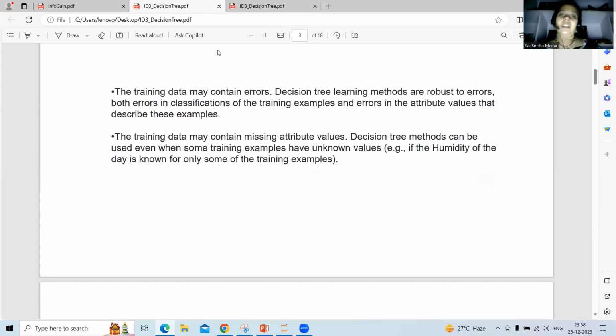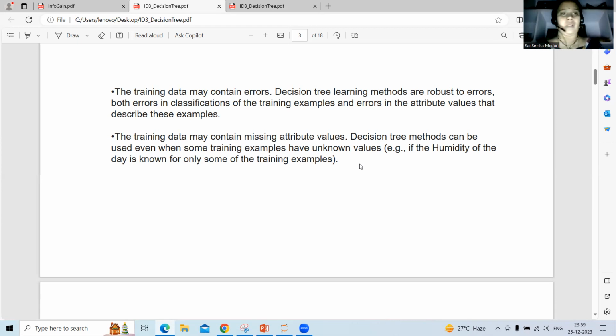And the other one is, when we collect the data, there are chances that we may capture a few errors also. In that case also we can go with a decision tree, because it is very robust to errors. Even if there are certain training errors, this will give an accurate result. And in some cases, we may miss a few values while taking the information.